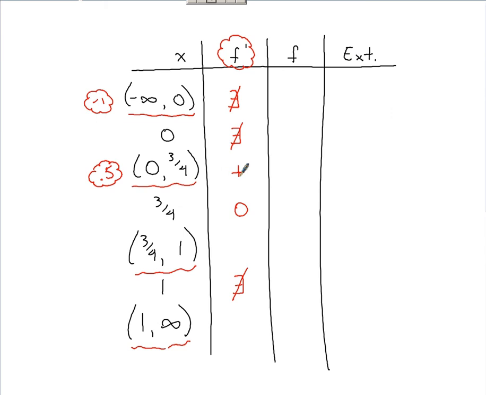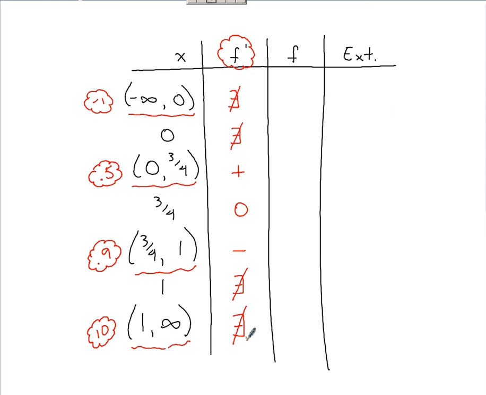From 3/4 to 1, I chose 0.9 to work with here. I found when I plug in the derivative, I got something negative back. And then 1 to infinity, something larger than 1, say I choose 10 here. I think you're going to find some issues again with this derivative. I think you're going to find again that it just doesn't work.